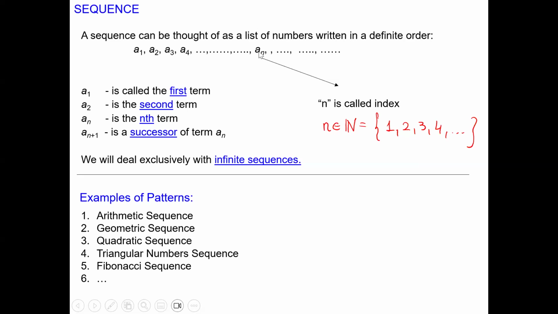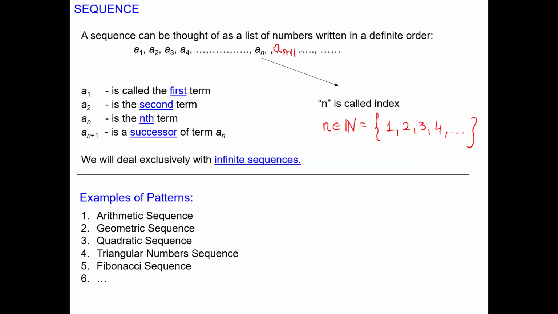Talking about the general term a sub n, we are also able to define in a general way the next term, the successor of a sub n, which will be called a sub n plus 1. Because n is a positive integer, we are jumping by 1.